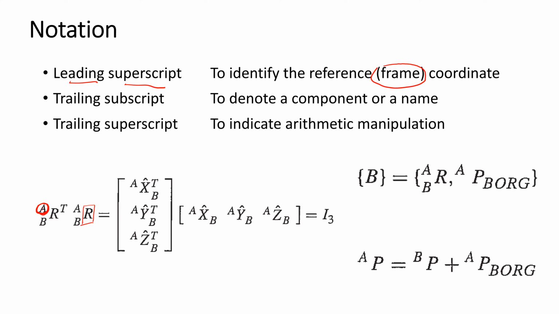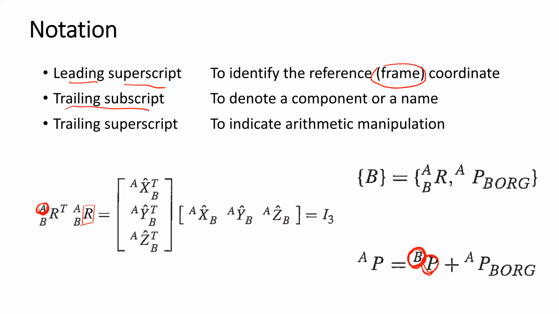In this case, it means the rotation matrix with respect to the reference frame A. This is a position vector with respect to the reference frame B, like this. And how about the trailing subscript?